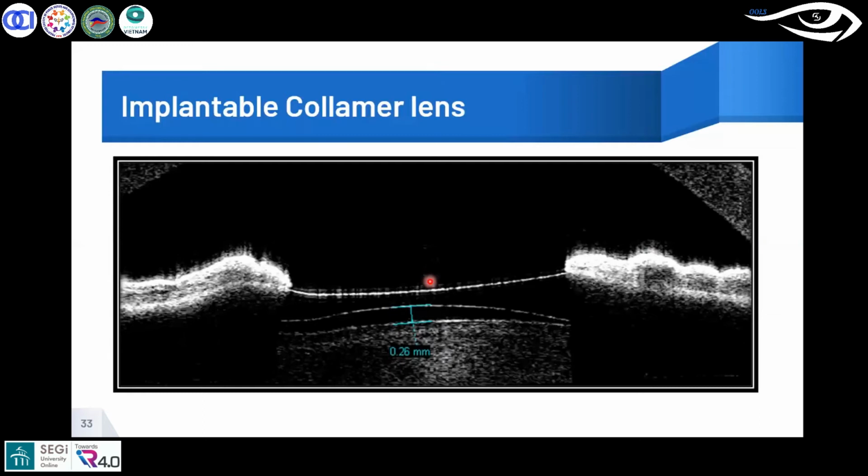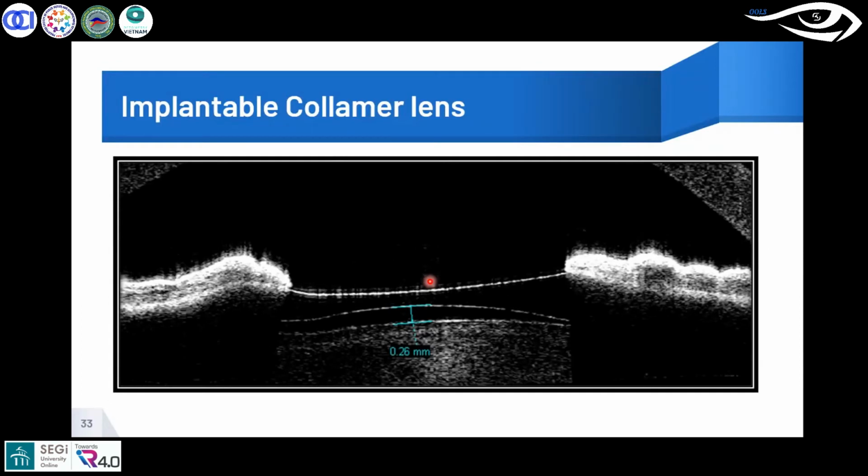There are certain criteria which have to be met prior to performing the surgery. There should be an anterior chamber depth of a minimum of 2.8 mm in order to undergo the ICL procedure, and there should be a minimal endothelial cell density as well, which is 2000 cells per millimeter square.